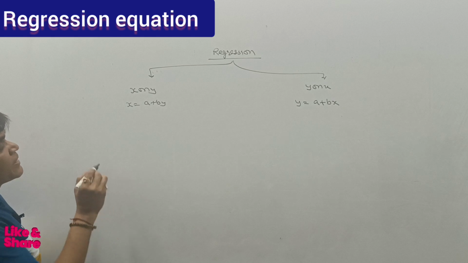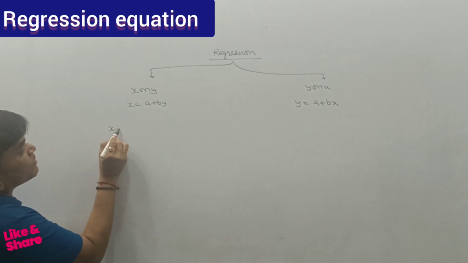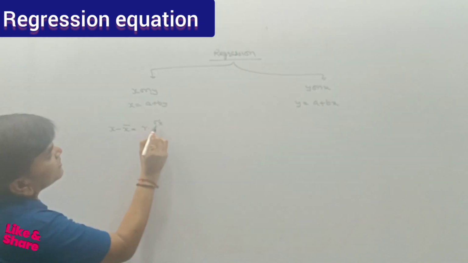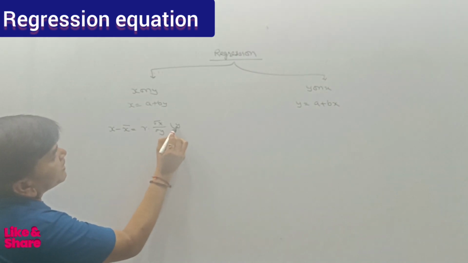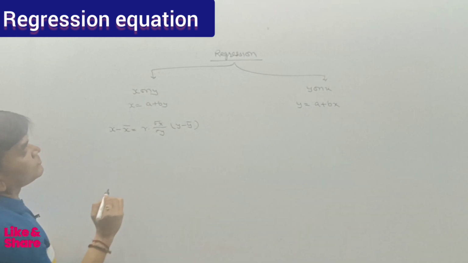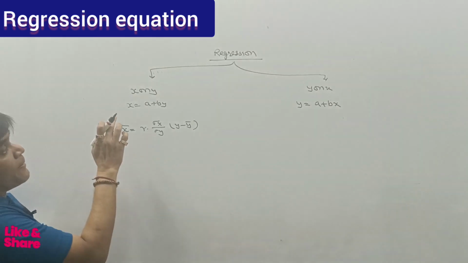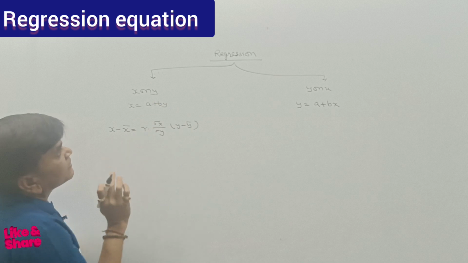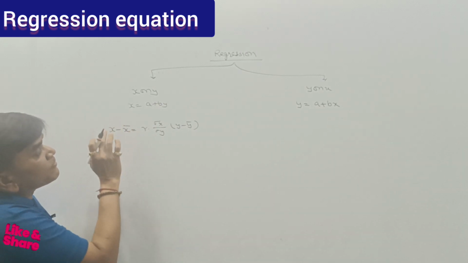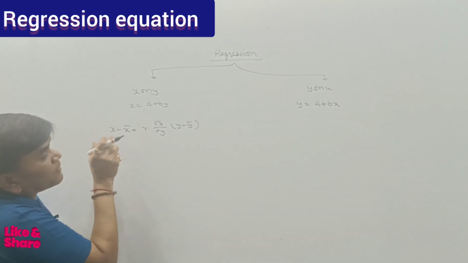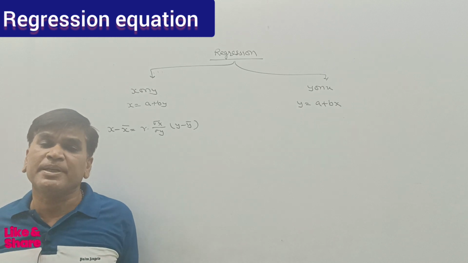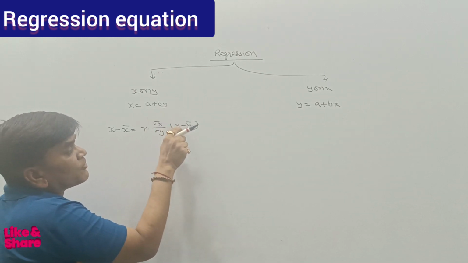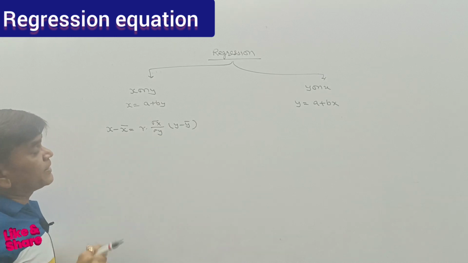For calculating x on y, the formula is x minus x bar equals r, standard deviation of x divided by standard deviation of y, times y minus y bar. Here in x on y, x is on the upper side and y is on the downside. It means when we write x on y, very first we write x minus x bar, and then standard deviation of x on the upper side, standard deviation of y on the lower side.